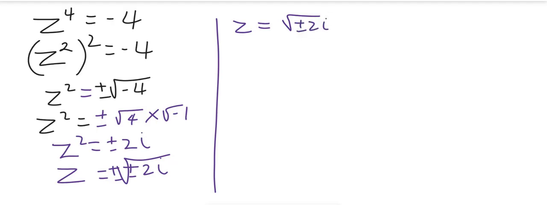Now, since z is the square root of plus or minus 2i, I can say let z equal x plus iy. So z, don't forget, is a complex number. So I'm assuming z is x plus iy. You can use a plus bi, anyone, or x plus yi.